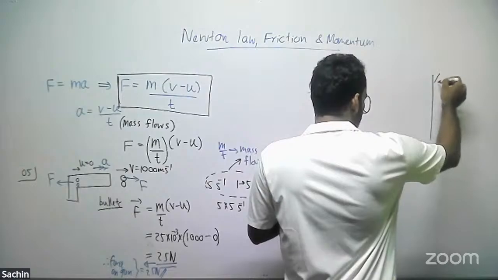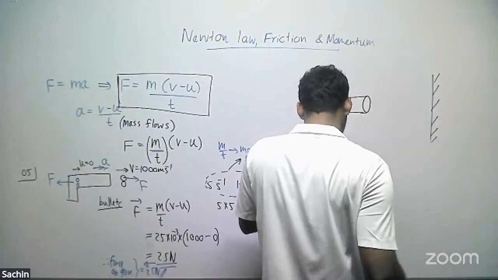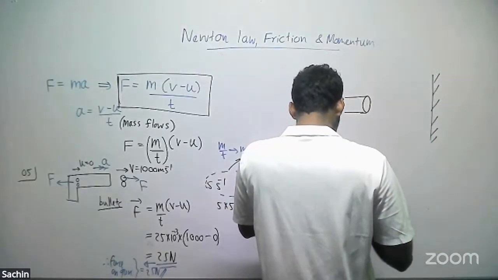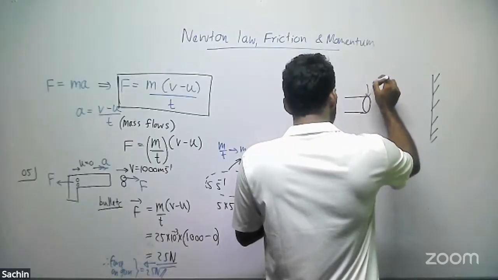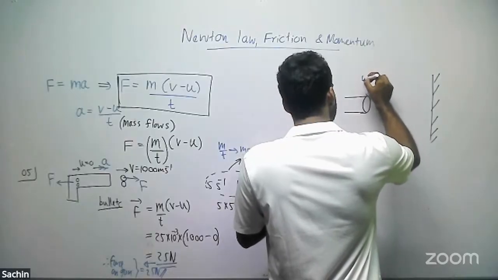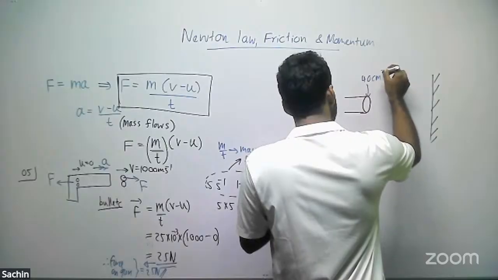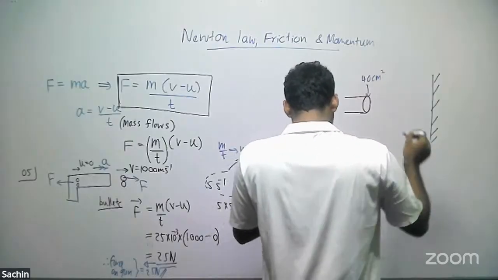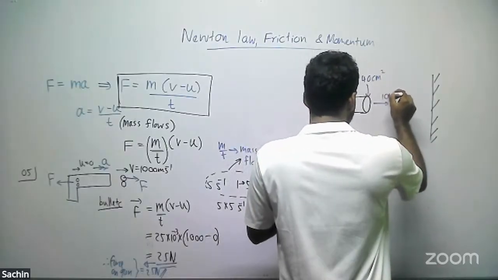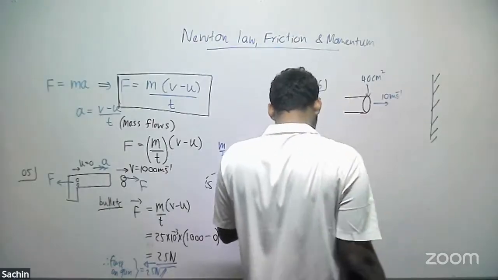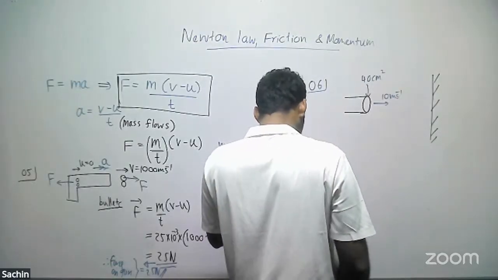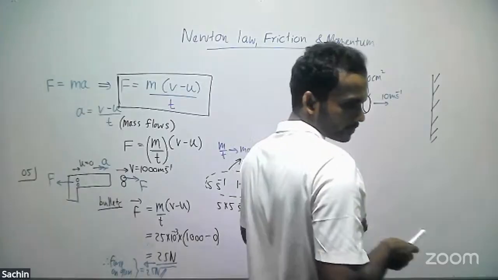So this is going to hit some wall. The cross section area of this jet is given, 40 centimeters square, and this water is coming at 10 meters per second. So we have to calculate the force on the wall.